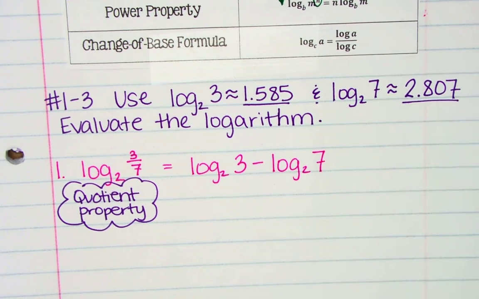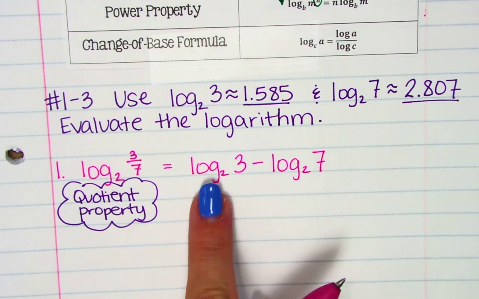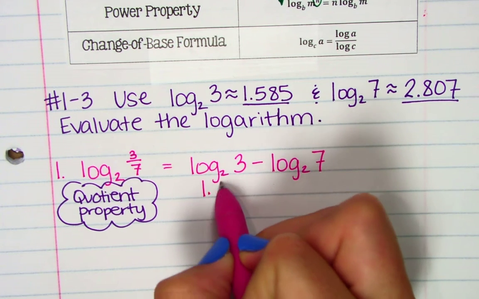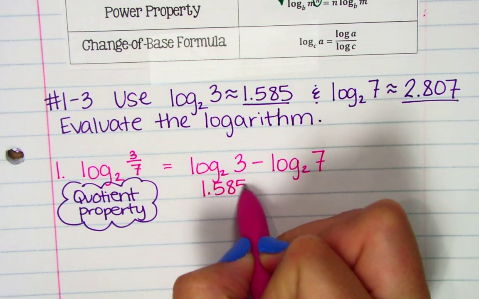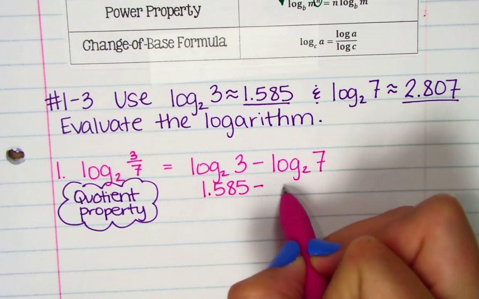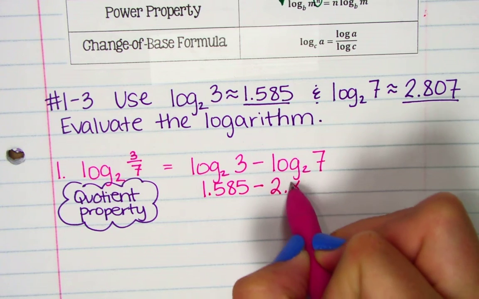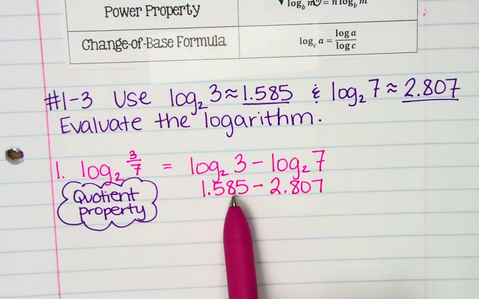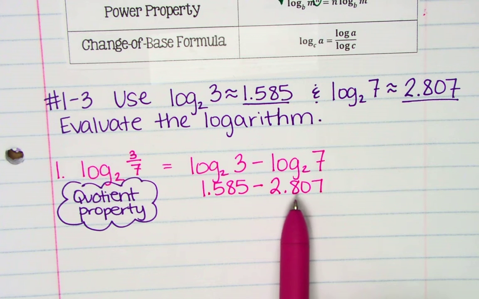And in the instructions, they already told me log base 2 of 3 is about what? 1.585. So I'm going to replace it with the number 1.585. Log base 2 of 7 is 2.807. So now our answer is just going to be this minus this.